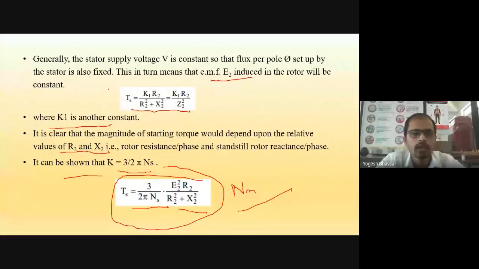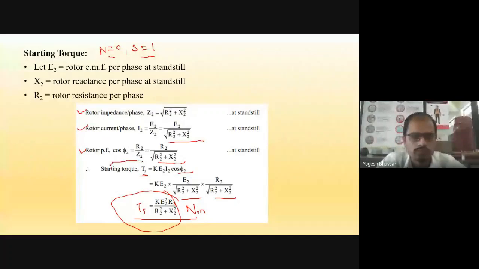And if you calculate the angle phi for this relation, cos phi is equal to R by Z. We saw above that cos phi is nothing but R2 by Z. So here if we put X2 is equal to R2, so R2 square plus R2 square is 2 times R2 square.